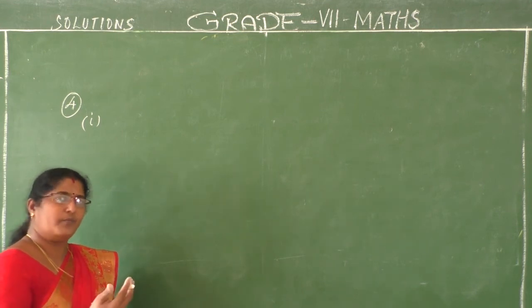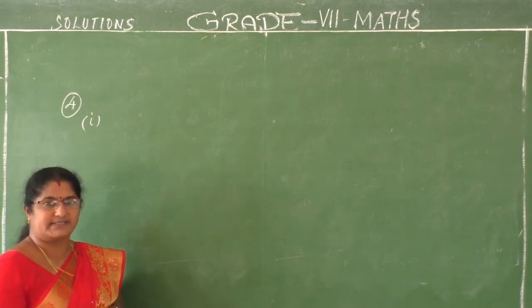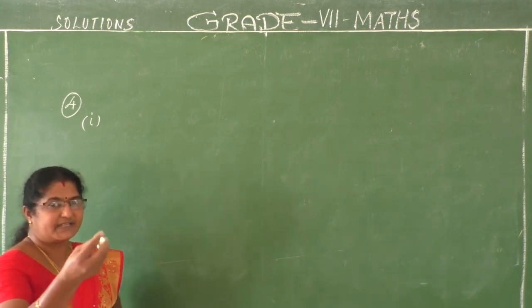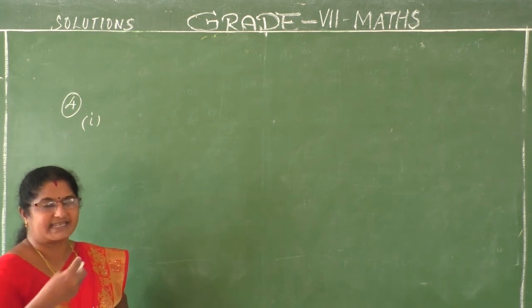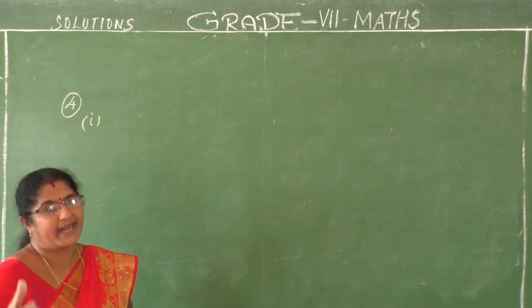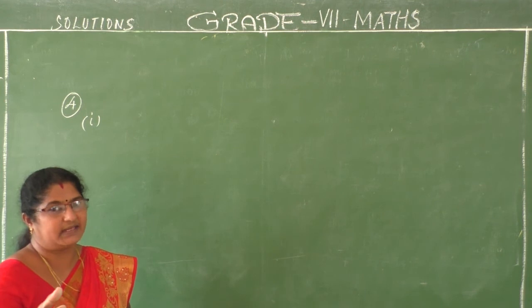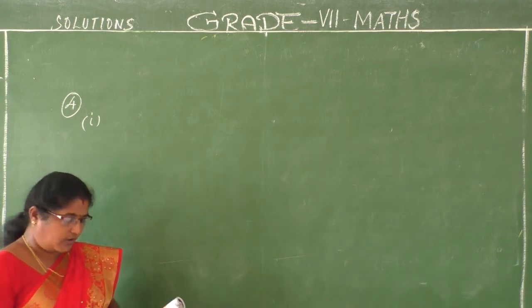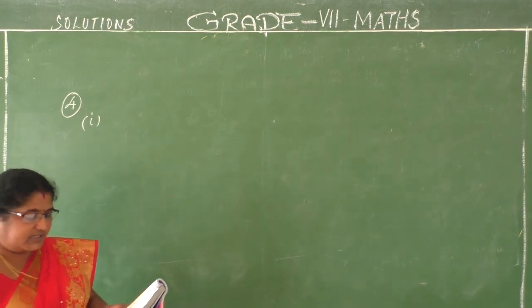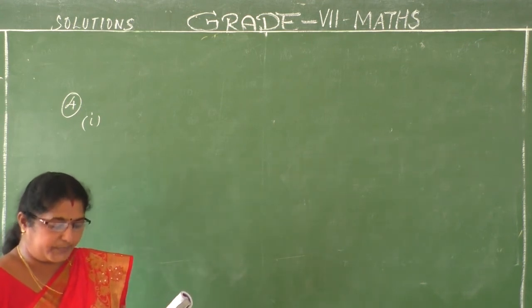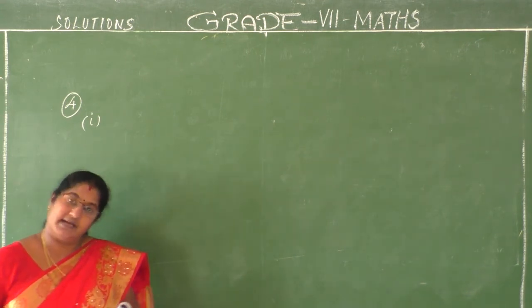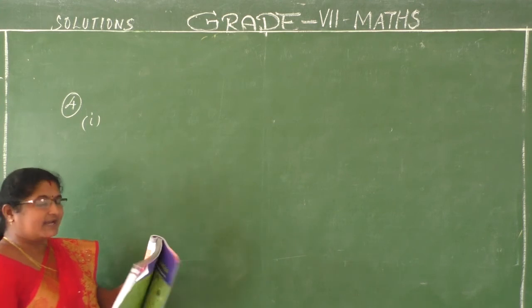So the most improved performance means the difference between the first term mark and second term mark is high. In which subject is it high, that you have to select. So that is the question. In which subject has the child improved his performance the most? So you have to compare this.